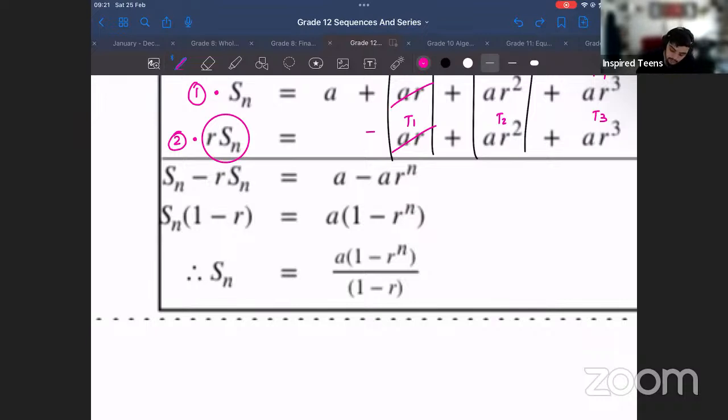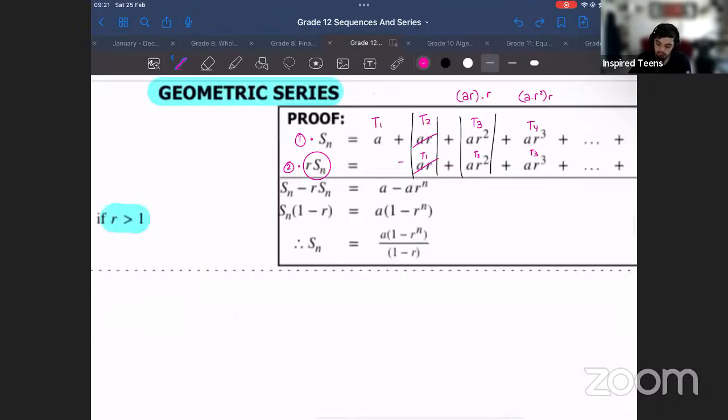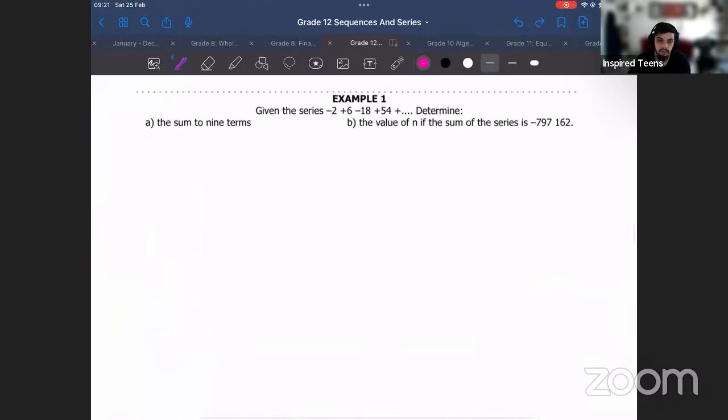So Sn, when you take the common factor, you're left with 1 minus R. And on this side, you take a common factor of A. Then you leave Sn alone by dividing both sides by 1 minus R. That cancels, and of course, then you're left with this formula for the sum: A open brackets 1 minus R to the n, divided by 1 minus R. Let us move on. Just remember, maybe closer to the exam, you can rewatch this video one more time to revise the concept of the proof.